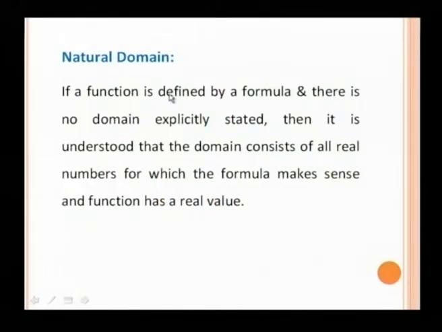If a function is defined by a formula and there is no domain explicitly stated, then it is understood that the domain consists of all the real numbers for which the formula makes sense and the function has a real value. A point to be noted here is that the formula should make sense and should give real values, not any imaginary value.